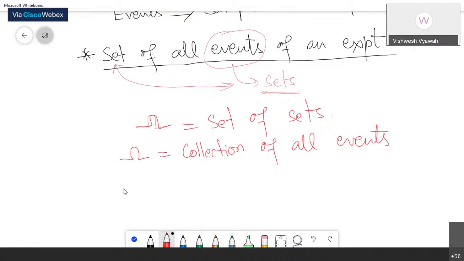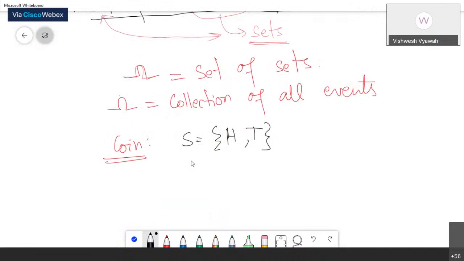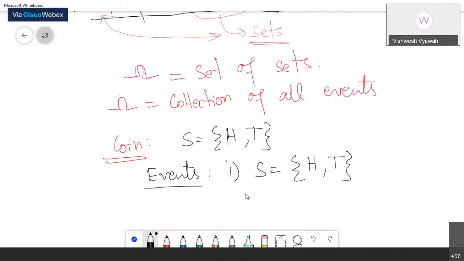So let's take a simple example, the coin example. What is your sample space in this case? Heads and tails. Do you agree? Right, so this is your sample space. Now how many events will it have? So let's note down the events. First of all, the first event is S itself, H comma T. Every set is a subset of itself.